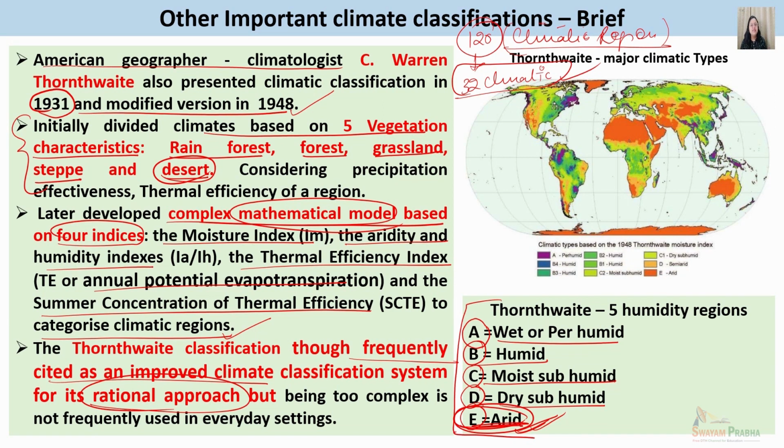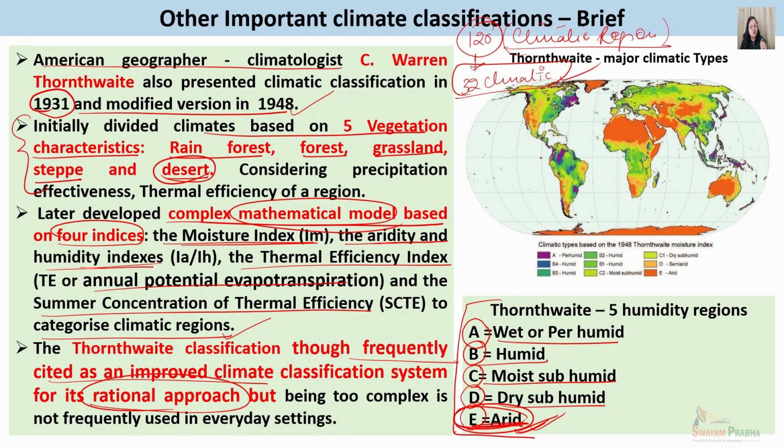Therefore, even to date, Koppen's classification is preferred over Thornthwaite's classification in most parts of the world. So very briefly, we have discussed Thornthwaite's classification, and we will not go into the details of what is moisture index, aridity, or humidity index. I just wanted to show you briefly how Thornthwaite's model was different from Koppen's model.